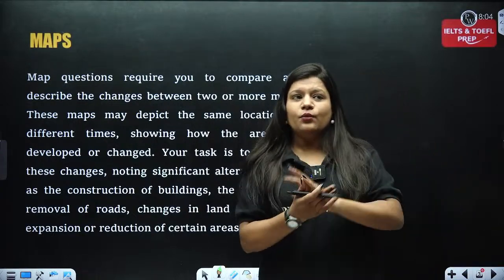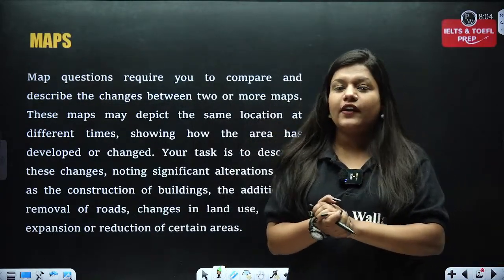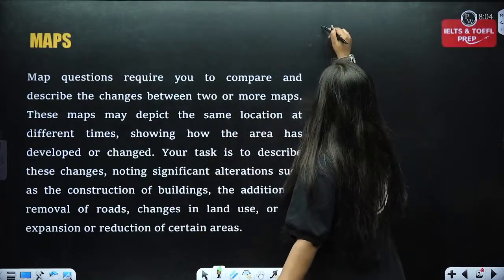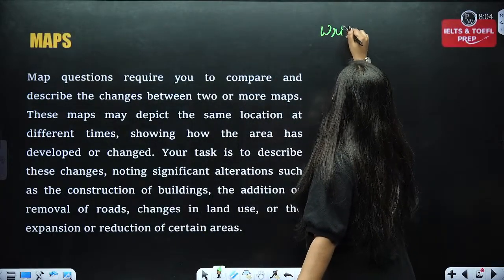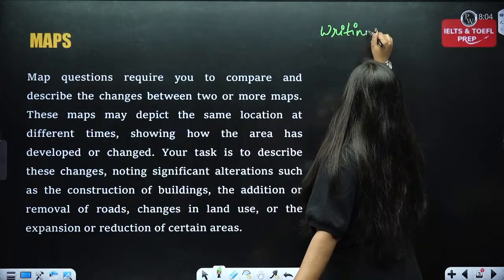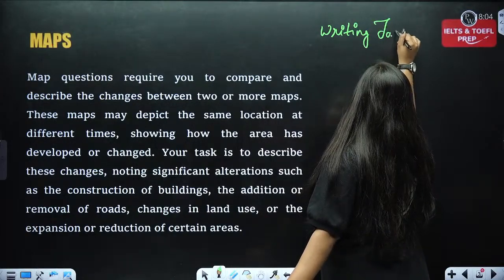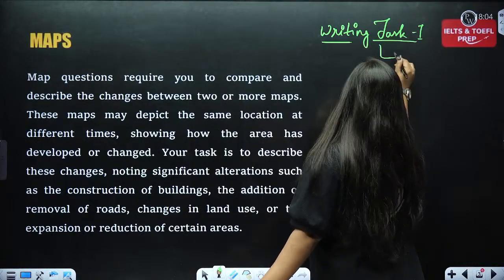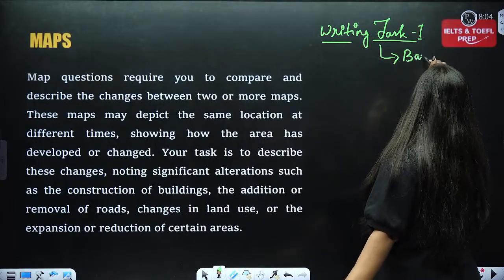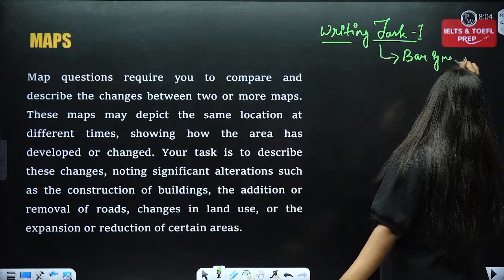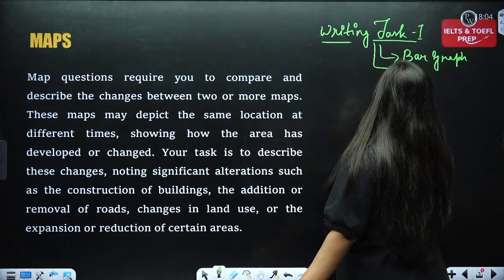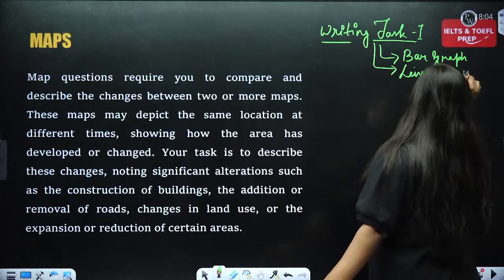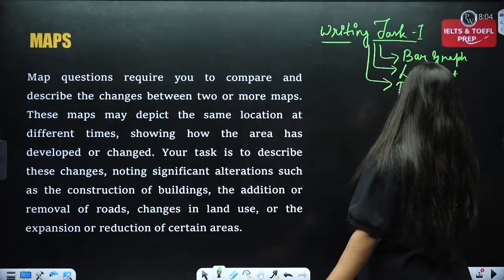Basically what happens is in writing task 1, you encounter different kinds of questions. So basically we have already dealt with bar graph, right? Also we have dealt with line chart. What else? Pie chart.